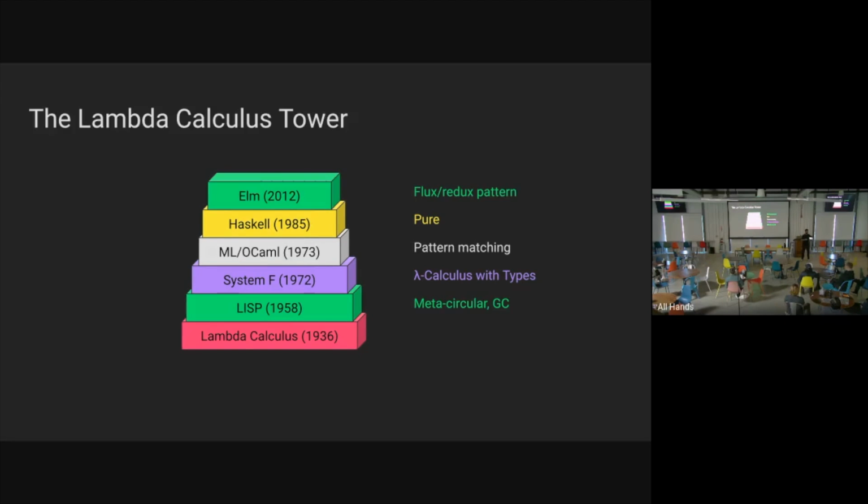So this idea that actions result in the production of a new state, and that new state can be used to render a new view, and there's a one-way data flow. This idea popped up in 2012. But if you're thinking about the world in terms of the Lambda Calculus Tower, this idea is actually not that novel. It's a very obvious outcome of dealing with the constraints of the Lambda Tower.